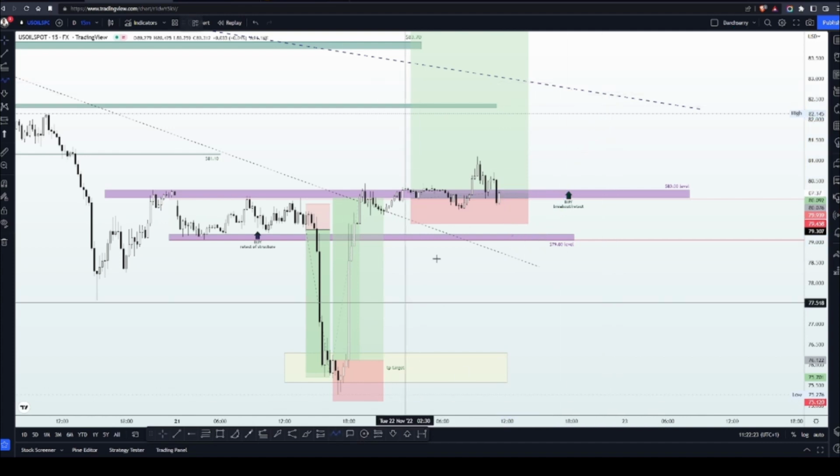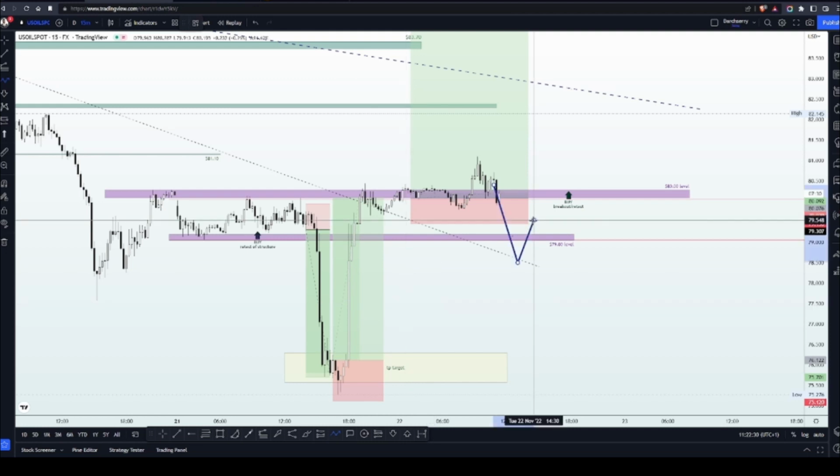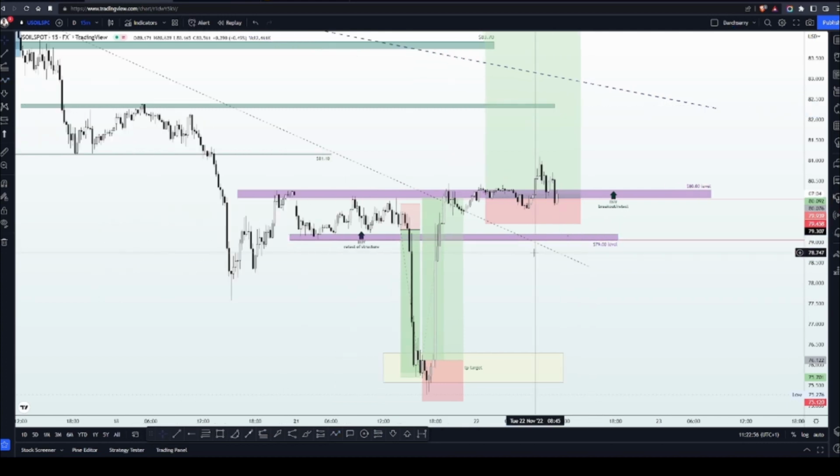But if price drops below this structure instead of climbing above the $79 level, and instead of buying pressure we continue to find selling pressure right below the structure, then I want to be seeing this as a sell signal to join that decline to the downside. But if price climbs above the $79 level with multiple buying pressure around this area, then we want to be seeing that as an opportunity to buy the US oil. So this is the scenario I will be looking forward to at this point.